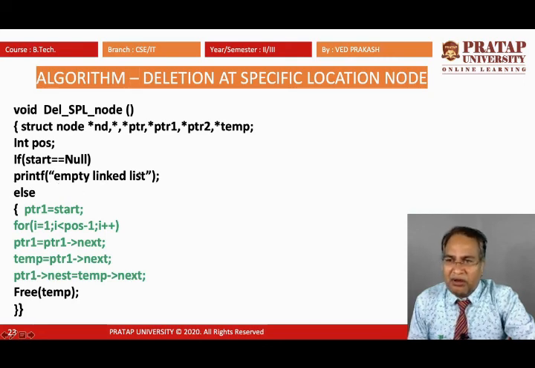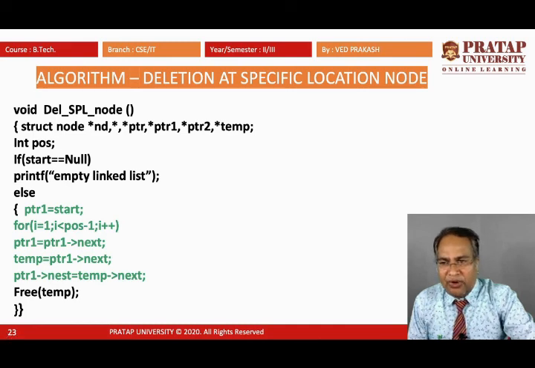Else, it means our linked list is not empty, then we first set PTR1 to the start pointer, and after that we go to the position where we want to remove the node. We apply this statement. Using this statement, we reach the node one before the required position, and after that we set PTR to PTR next, and temp is set to PTR next.